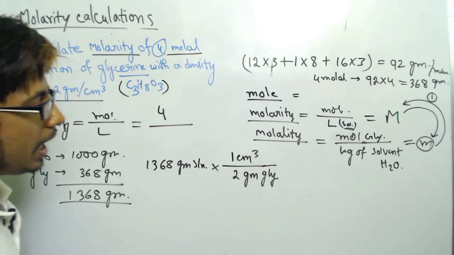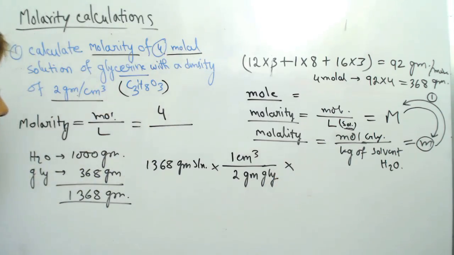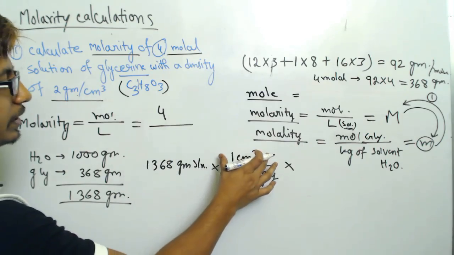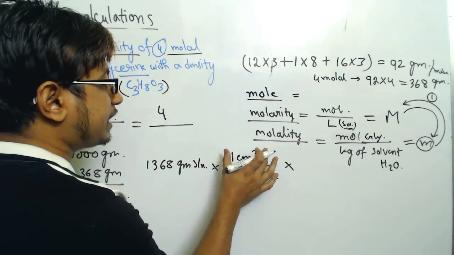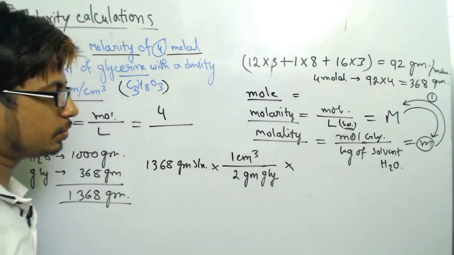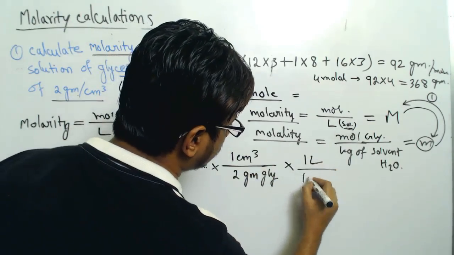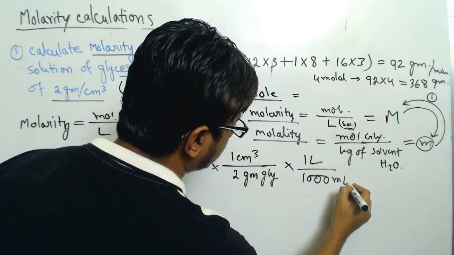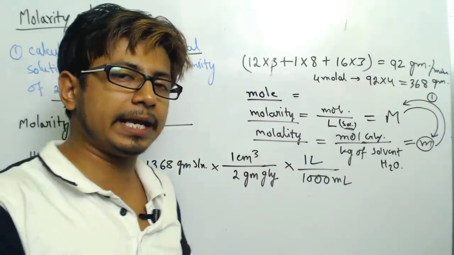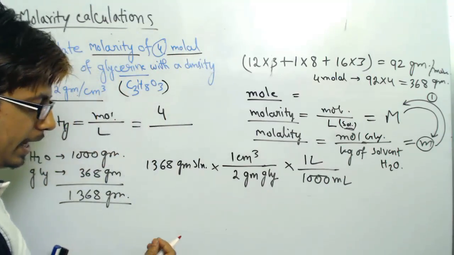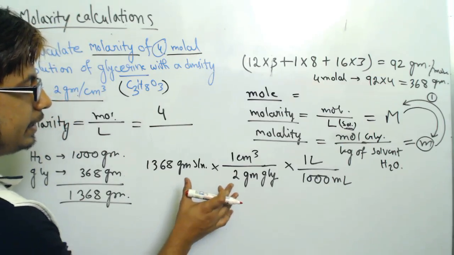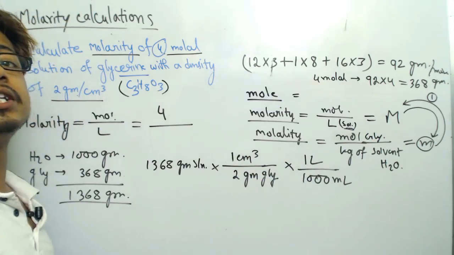Ultimately, what else can we write? Because all these equations now continue with cubic centimeter, and 1 cubic centimeter is equal to 1 milliliter, and 1 liter equals 1000 milliliters. If you recall the idea of dimensional analysis, the idea is you need to put the equations in a way so that the same units cancel each other out.